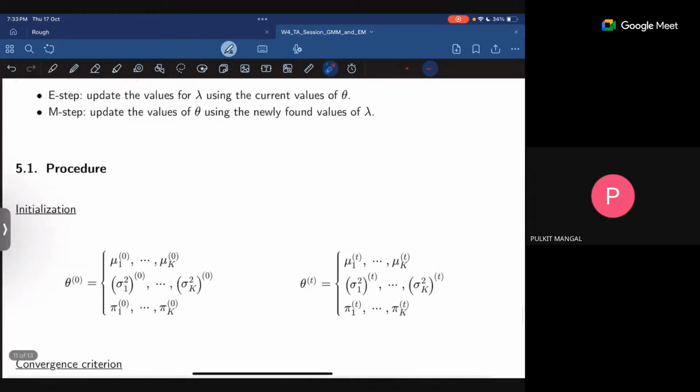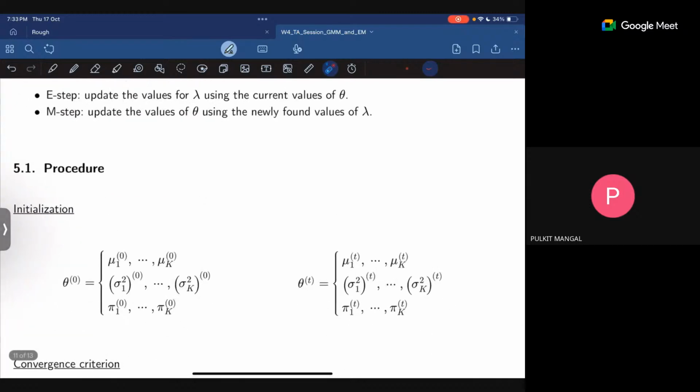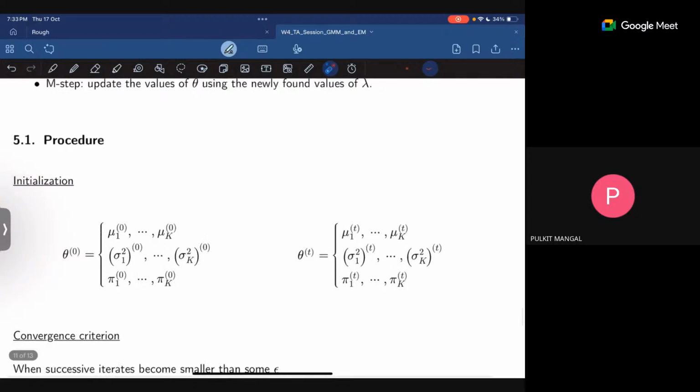Now the procedure: first you initialize theta superscript 0. This means we are initializing all our mu. We have k means, k variances, and k prior probabilities, and we initialize them.